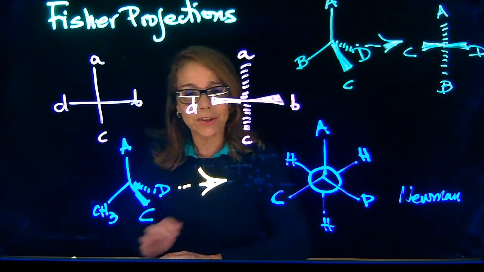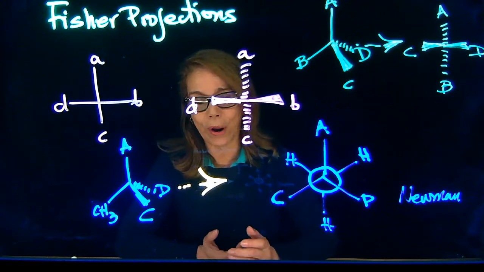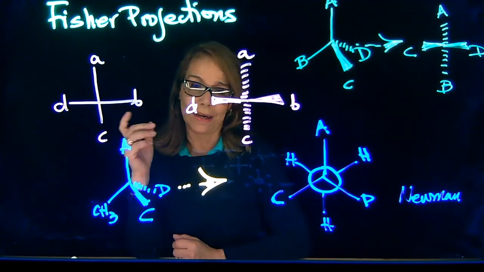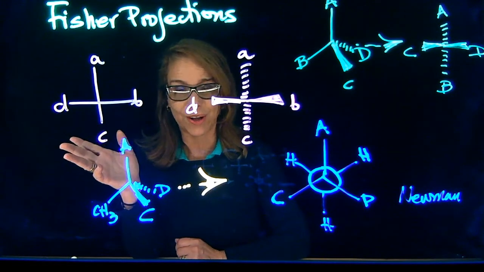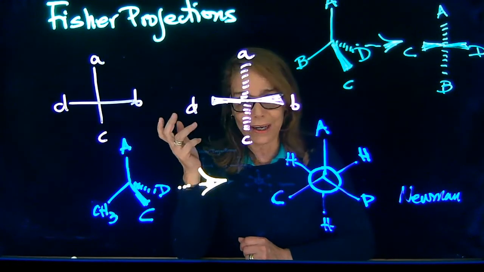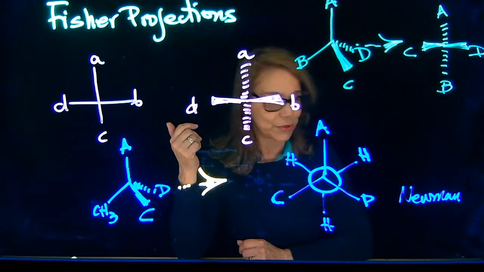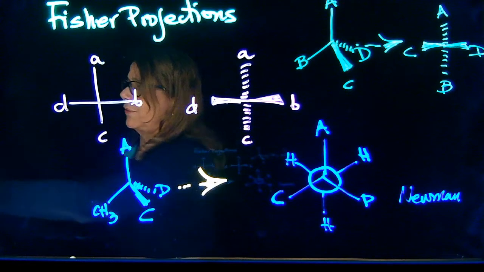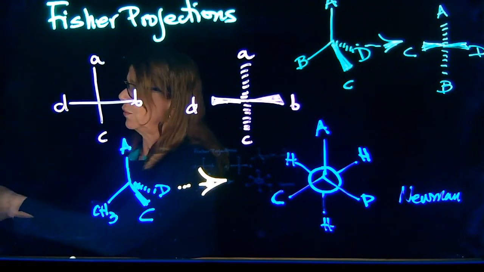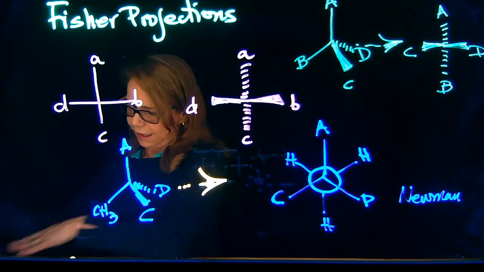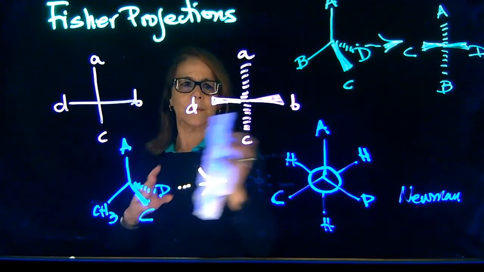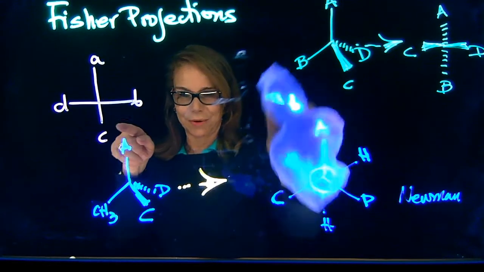Now, Fischer projections are very useful when we go to molecules with several chiral centers, and in fact, this is the preferred projection when we do carbohydrates. It's used a lot in biochemistry. So I'm going to draw one example of a carbohydrate, which is essentially a sugar. And so let's erase this a little bit. I'm just going to keep that convention in mind.